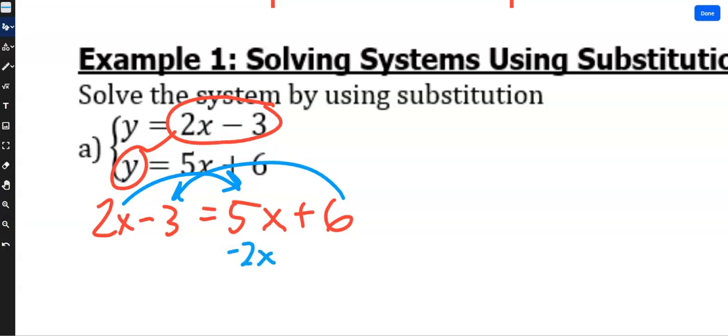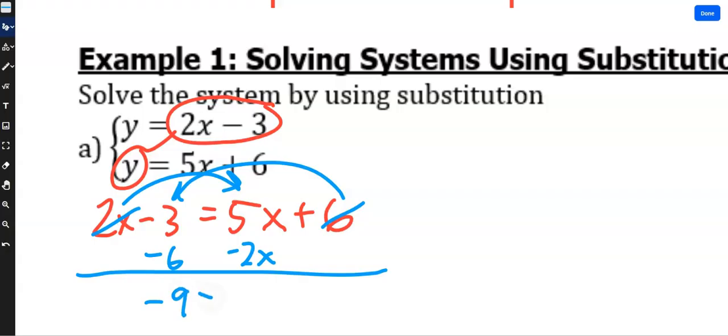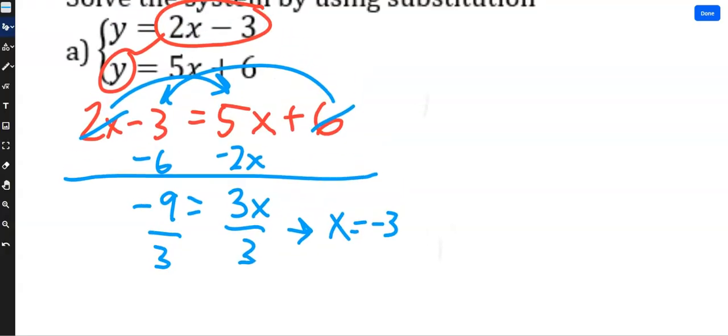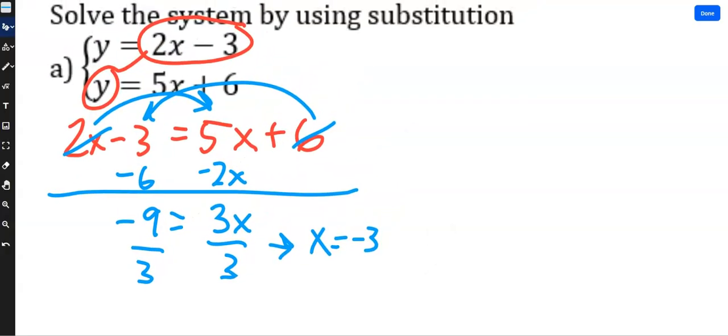So we're subtracting a 2x, we're subtracting a 6, and getting negative 9 equals 3x. And then we can keep going with this whole process, dividing by 3, to get an x value of negative 3. Now, what do I do with that once I find it? I get to plug it into an equation to find the y value.